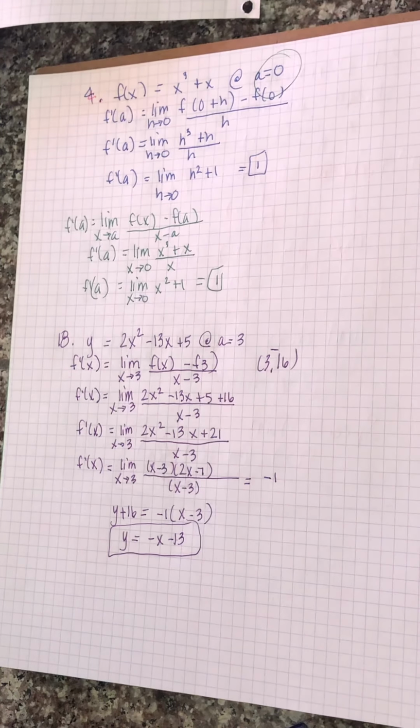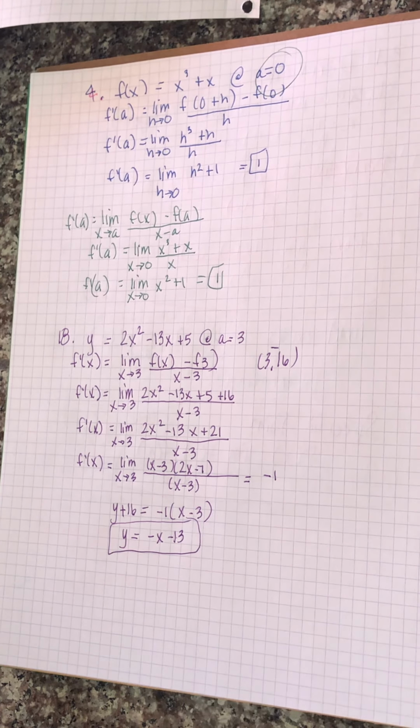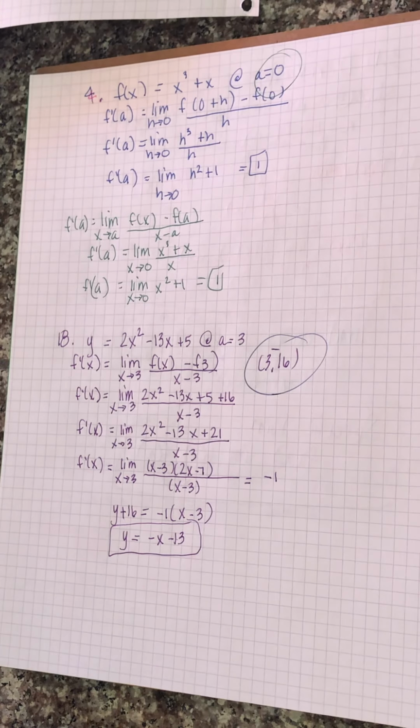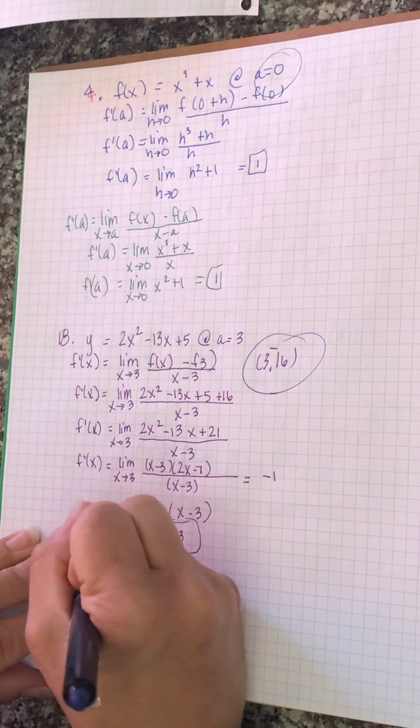And there's a future problem where you're asked to find the equation of the line normal. So normal is perpendicular. So they want to know the equation of the normal line to the tangent.